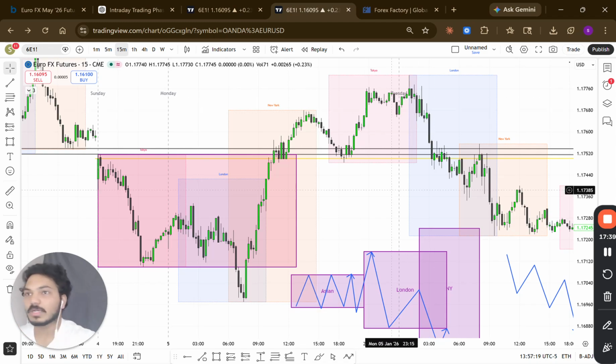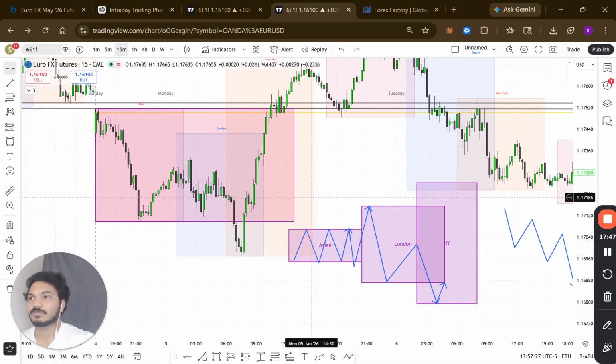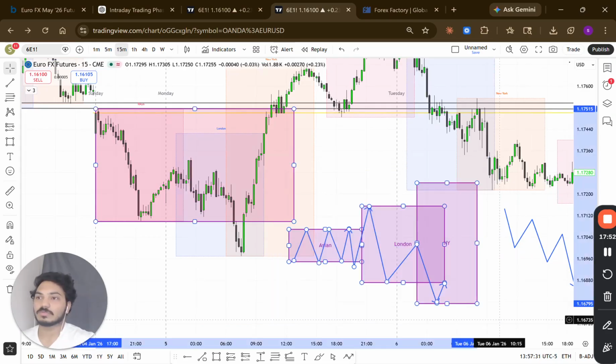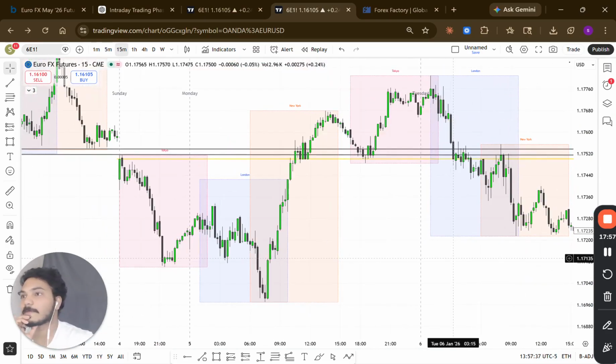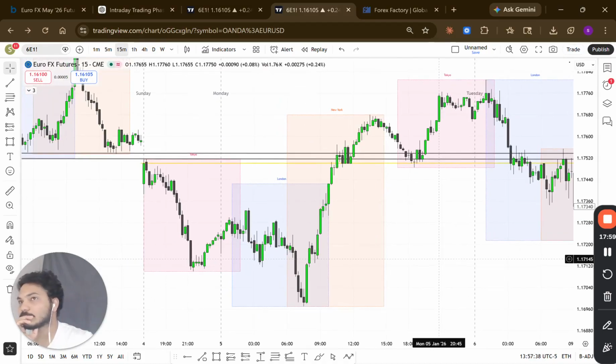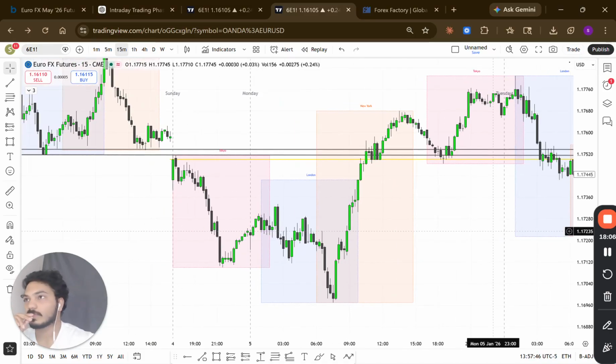I'll try to cover that one as well today. Most of you already understand this, so I don't want to keep it open. We'll try to find order blocks and fair value gaps in this current scenario, like the Sunday and Monday.